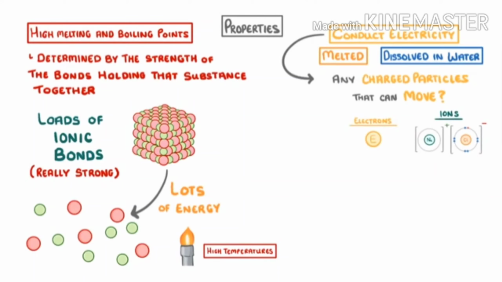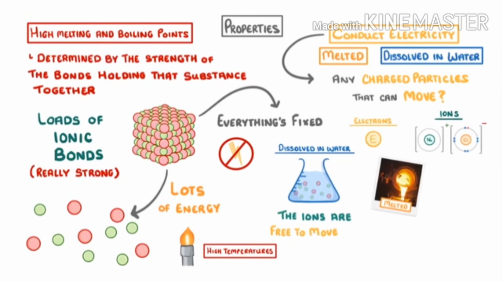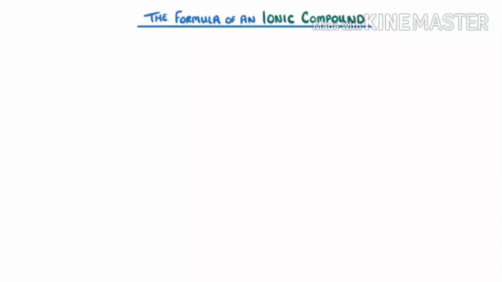On the other hand, when these ionic compounds are in molten state or when they dissolve in water or any other solvent, their ions are free to move, due to which they conduct electricity or they are good conductors of electricity. These are two basic properties.